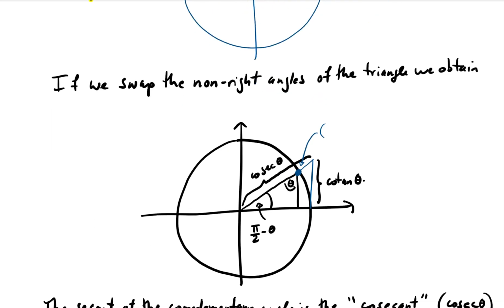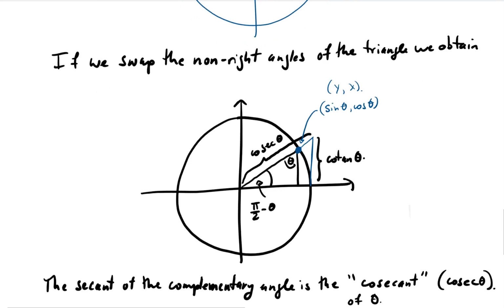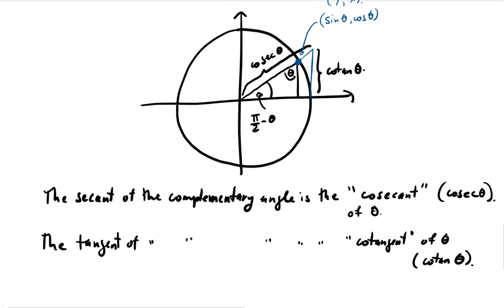So instead of having cosine and sine, we're going to have sine of theta and cosine of theta here, because the values of x and y have been swapped. So this side here is now sine of theta, while this side is cosine of theta.